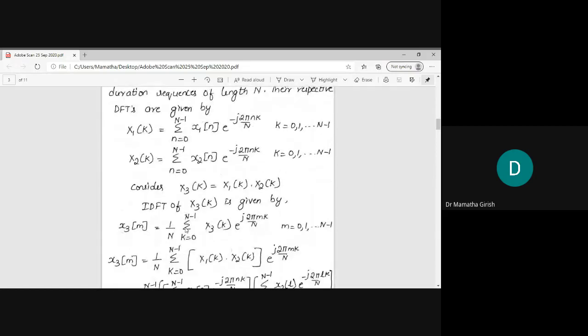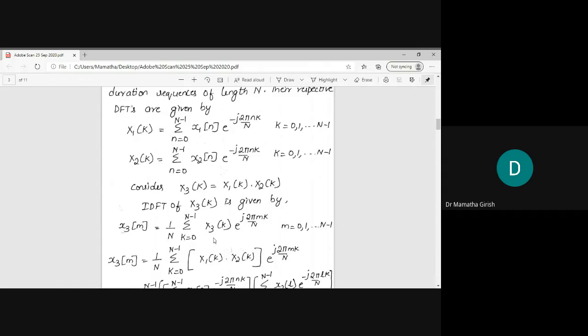Now, I want to translate from frequency domain to time domain. What I must do? Consider its IDFT representation. Accordingly, the IDFT of the variable X3 of k is given by, what is the standard equation for IDFT?